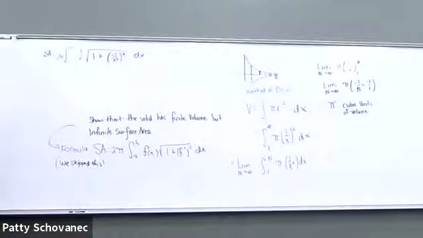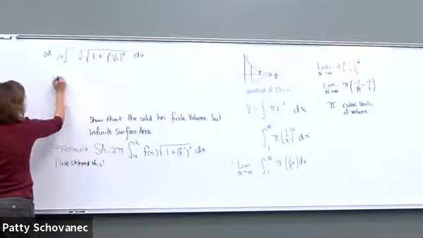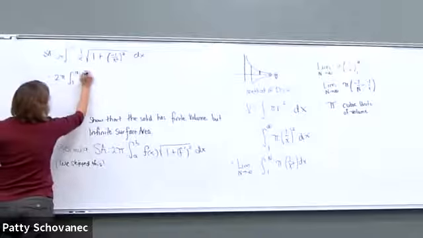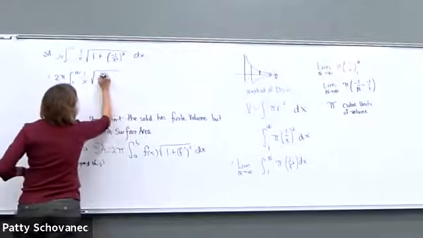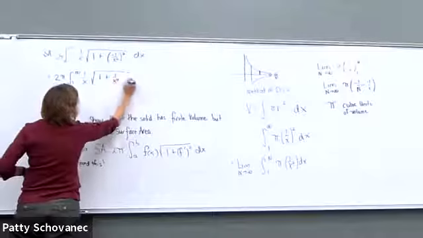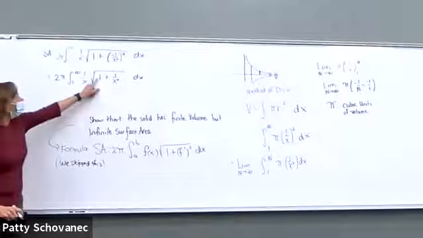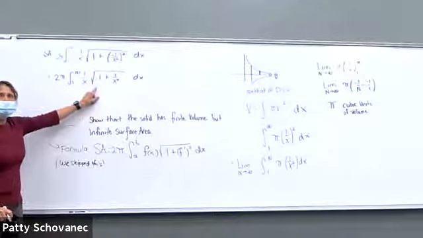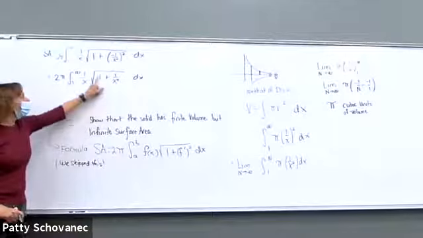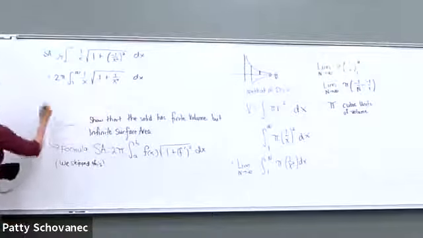Yes? So when I square that, I get 1 over x to the 4th, plus that 1. So we do what we did before. We write that 1 as x to the 4th over x to the 4th, so that I can write this as a single fraction, x to the 4th plus 1 all over x to the 4th.